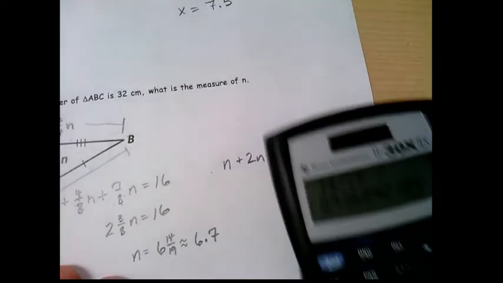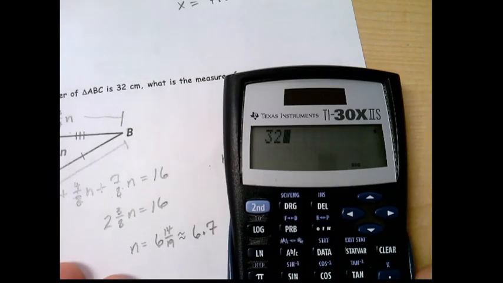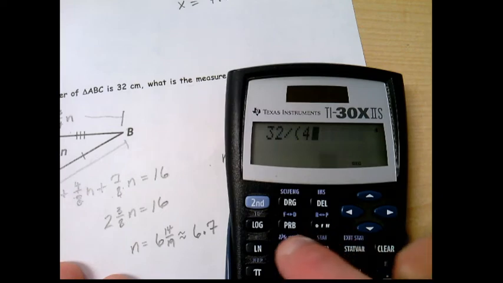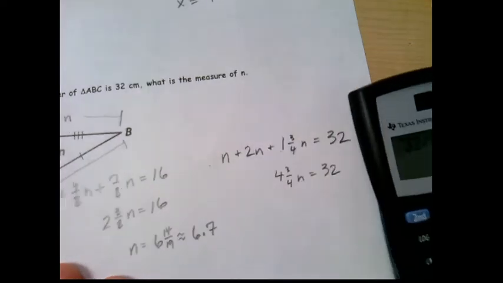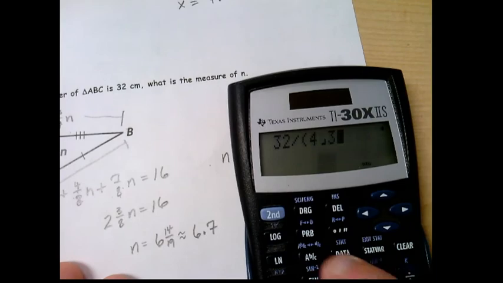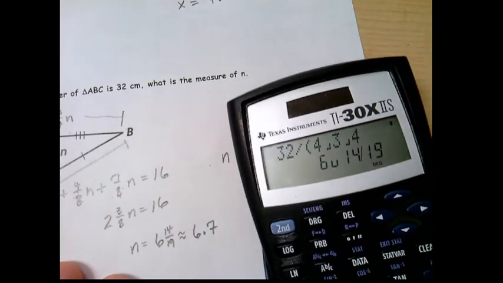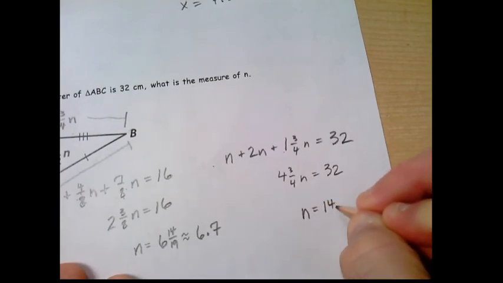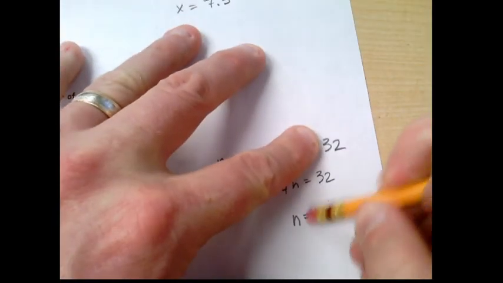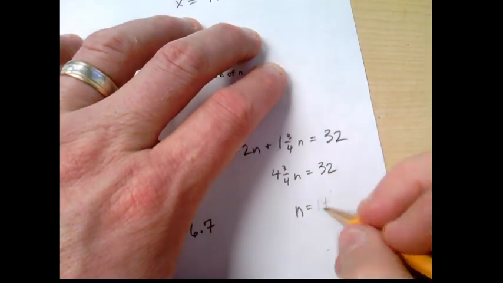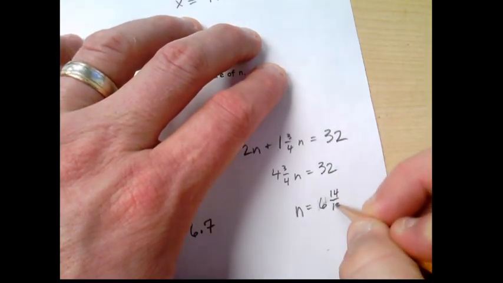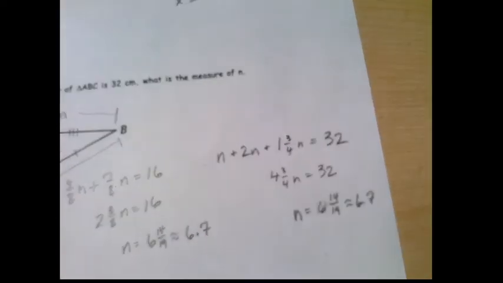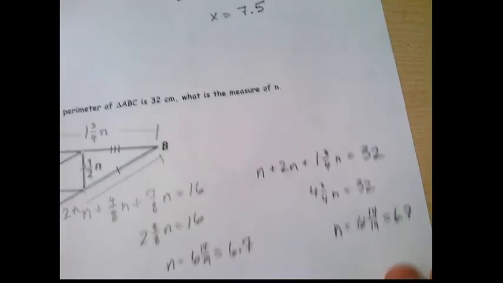If I take 32 and divide it by 4 3/4, we get 6 14/19, approximately 6.7. So again, I'm giving you some options there.